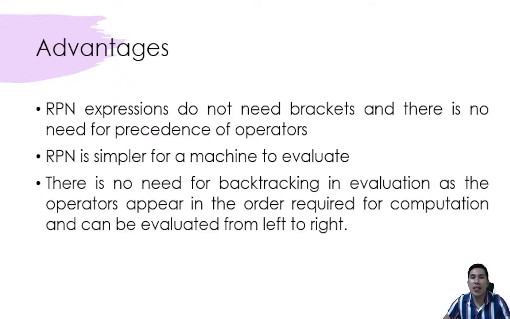Okay, RPN is simpler for a machine to evaluate. So remember, take note that our computer does not think the same way humans do. So it would be difficult for the computer to process the way we calculate expressions like infix notation, especially if it is a fully parenthesized expression.